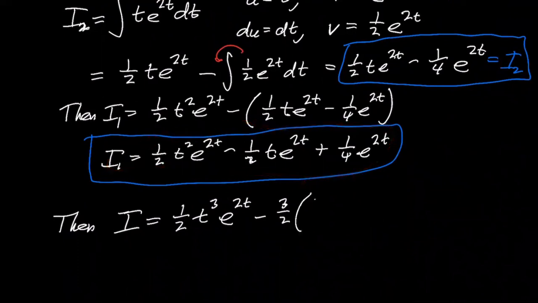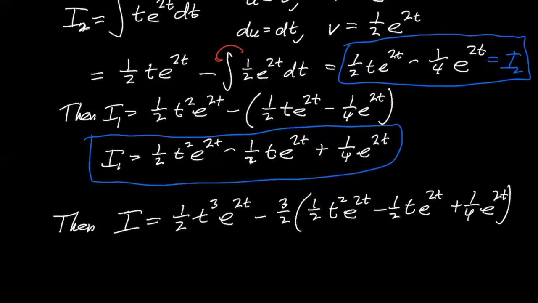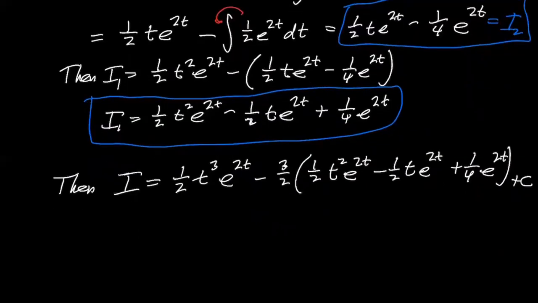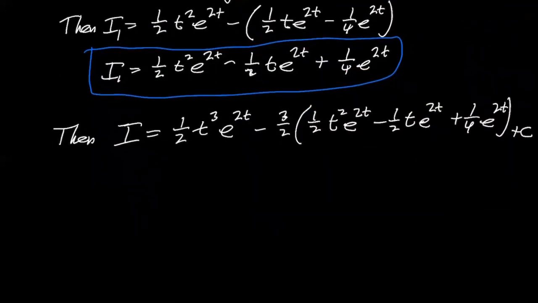Okay, there's the 1/2 t squared e to the 2t minus 1/2 t e to the 2t plus 1/4 e to the 2t. I guess I can throw the plus c in here now because we've gotten back to the original integral. And then again, I'm just going to distribute this minus 3/2 throughout all the terms. And you do get this sort of nice alternating pattern.